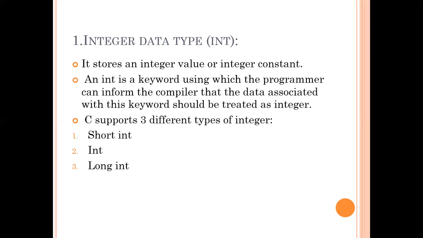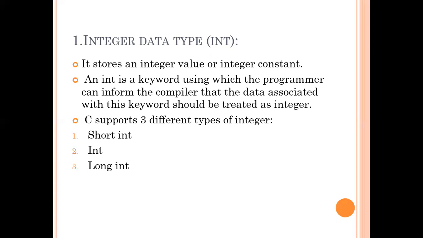In the integer data type, you can have different types like long int and short int. C has 3 classes of integer storage, namely int, short int, and long int, in both signed and unsigned forms.